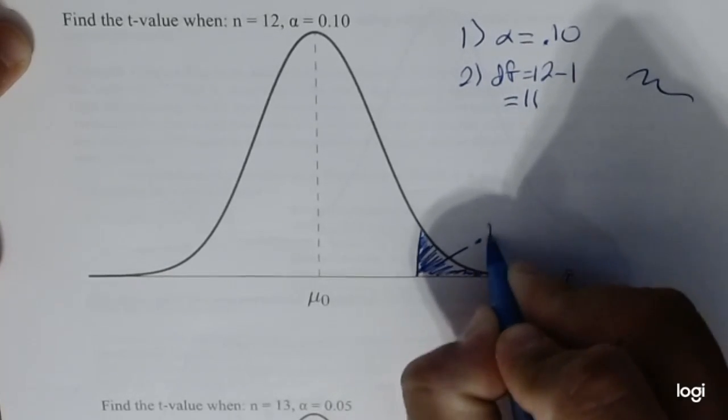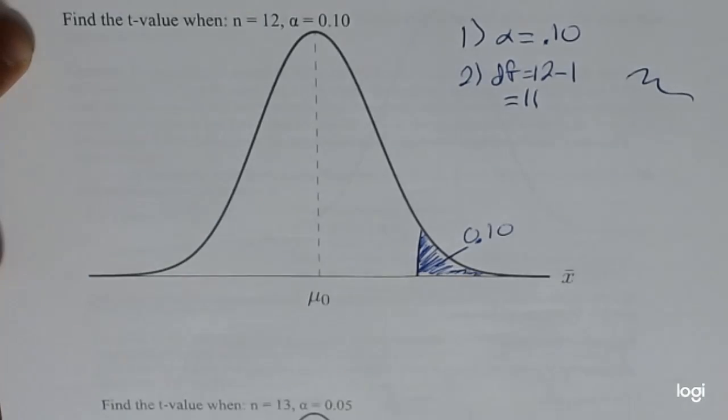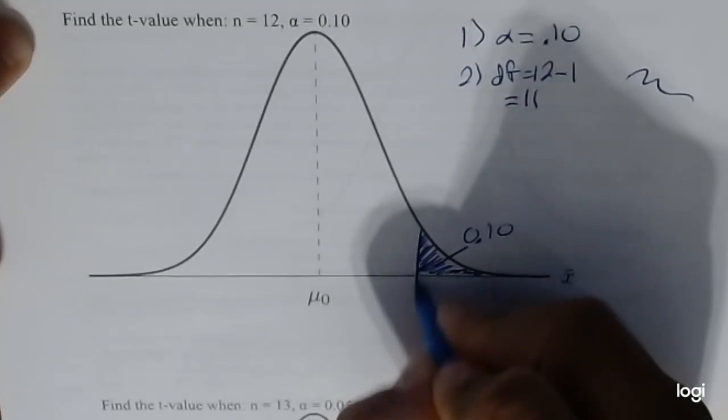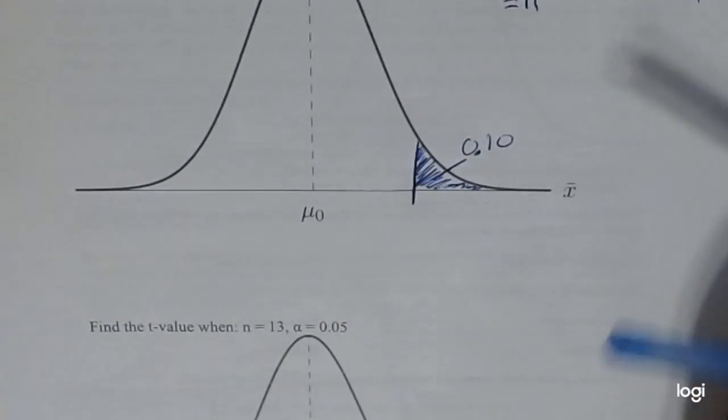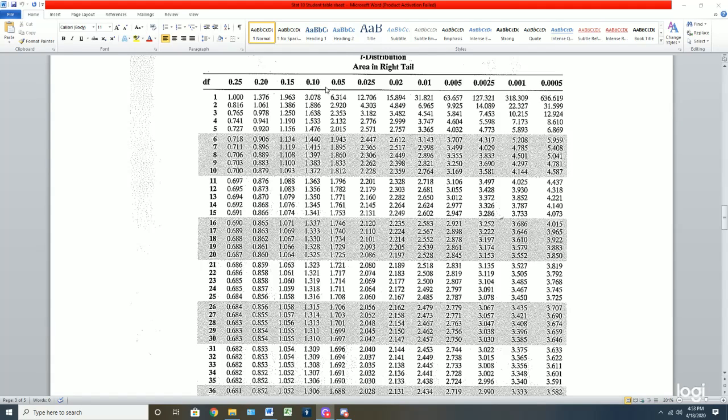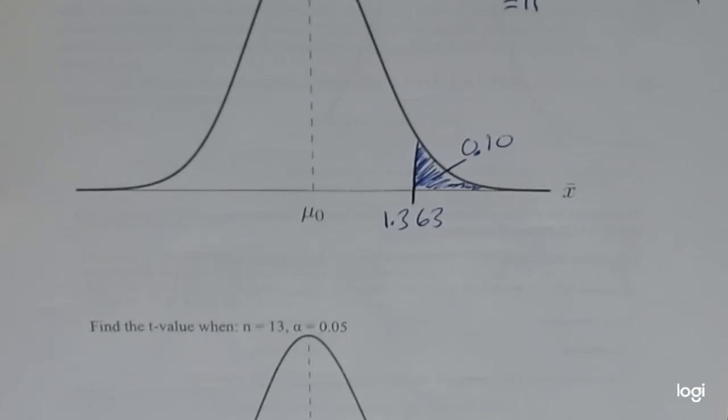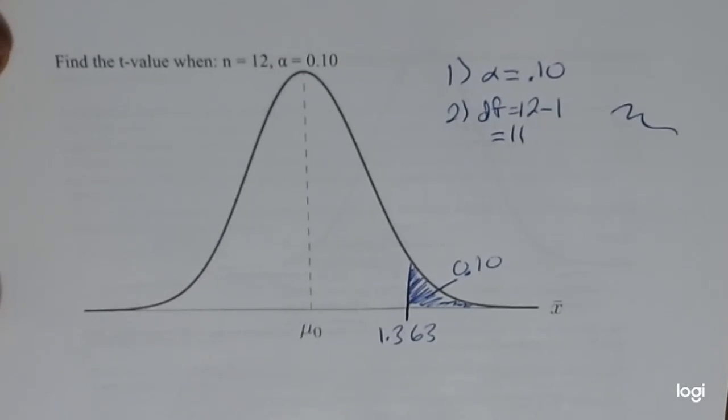So this is going to be 0.10. And now we find the marker, that's going to be the t-value we're looking for. If we go to our formula sheet, alpha being 0.10 and degrees of freedom is 11, our t-value should be 1.363.